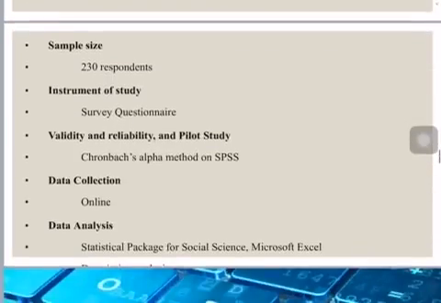The sample size includes 216 respondents. The instrument of study is a survey questionnaire, and the reliability study is Cronbach's alpha method on SPSS. Data collection is online. The data analysis uses the Statistical Package for the Social Sciences and Excel.